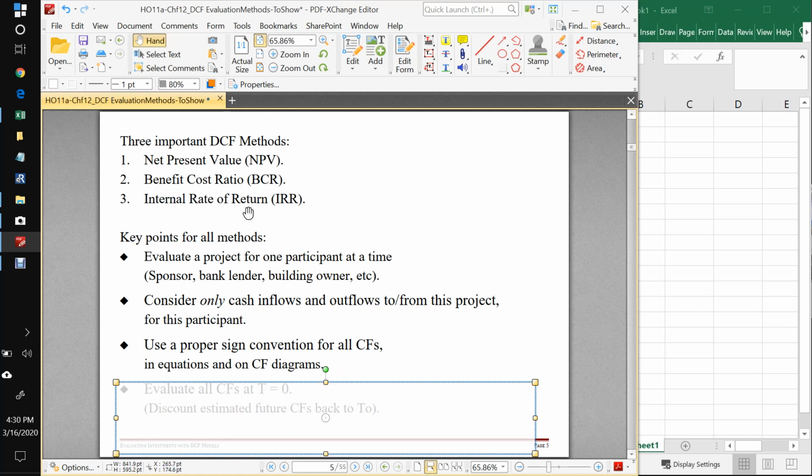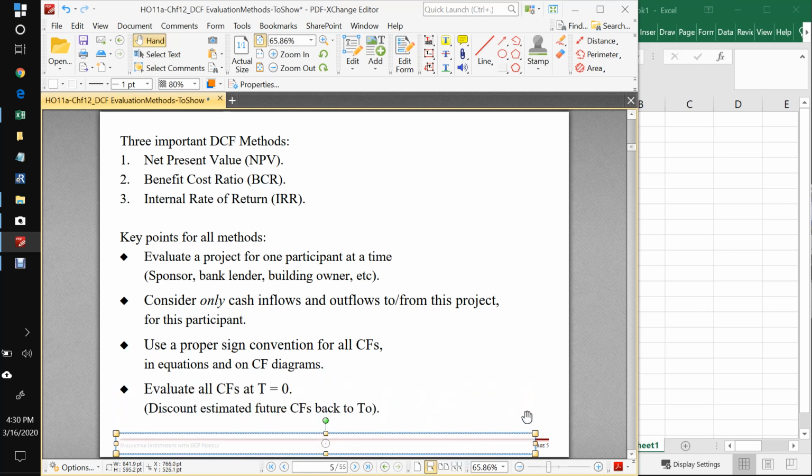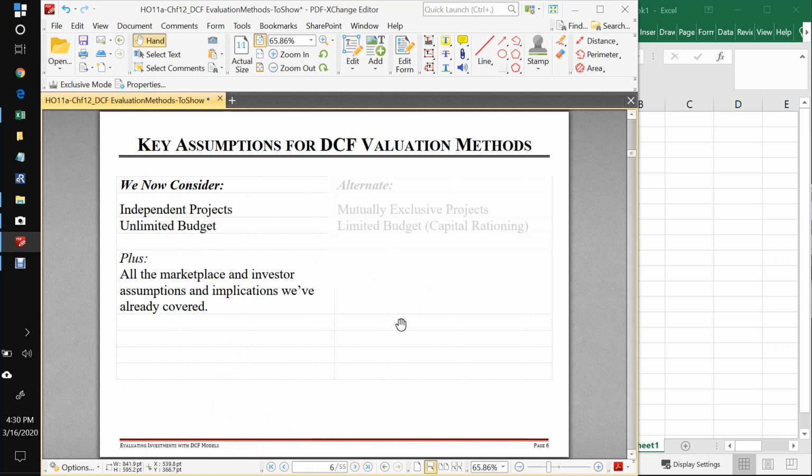And that's true for all three of these DCF methods. And also, we're going to choose to evaluate all the projects that we look at at t equals 0. What that means is we want to discount all of those future cash flows back to time t0. So these are our key points for all three of these methods.